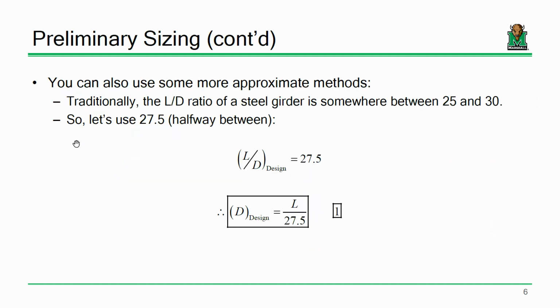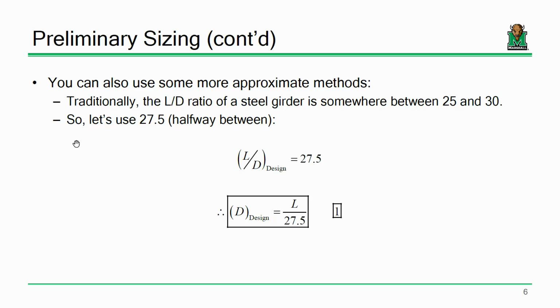So you can use traditional minimum depths. You can also go off of rules of thumb. So traditionally, I'm just showing you this for steel bridges, but traditionally the L over D ratio, the ratio of how long the girder is versus how deep it is, is somewhere between 25 and 30. So a good first equation is let's just go halfway in between.